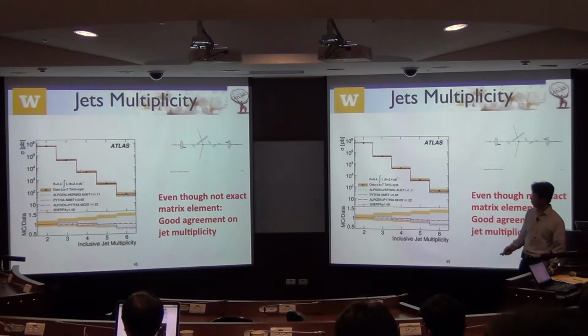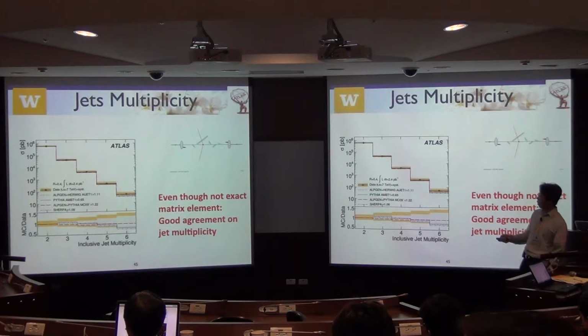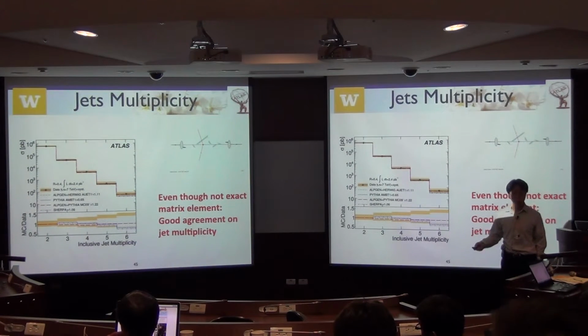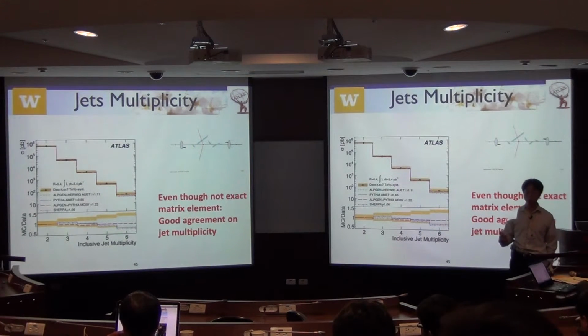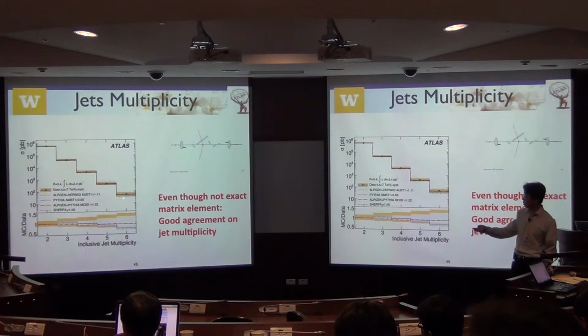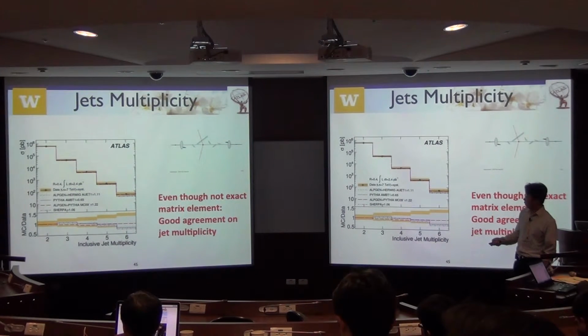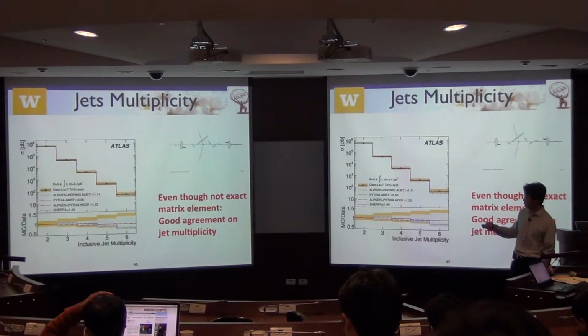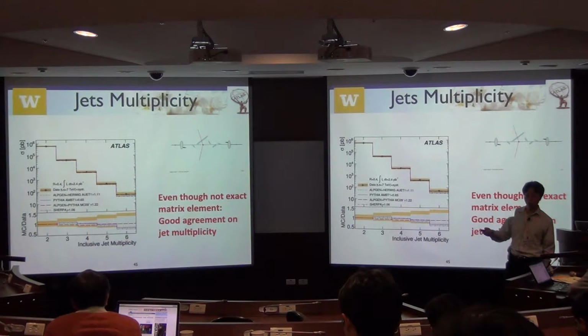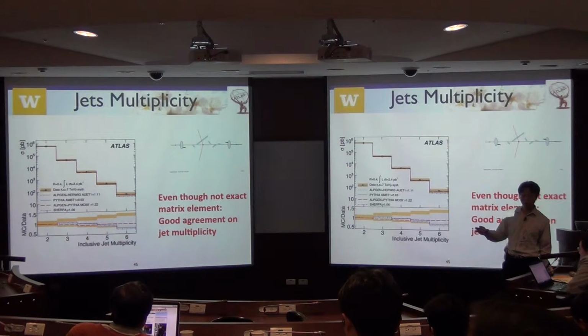And this shows one comparison where you make some threshold cut on the jet pT and just count the number of jets. The black dot is the data, and then we compare to the theory predictions. So far we can see that the agreement between data and Monte Carlo is quite nice.